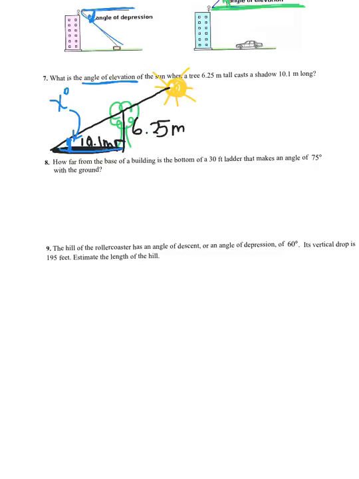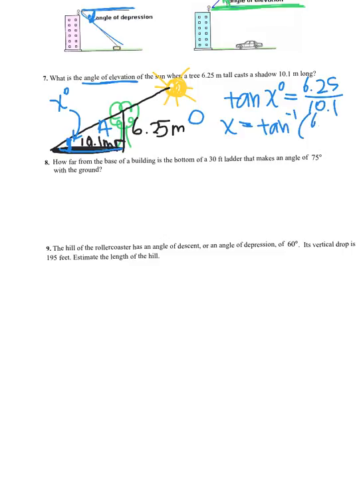From that angle's perspective, we have an opposite and an adjacent, so we are going to set up a tangent function: tangent x is 6.25 over 10.1. And since it's the angle that we don't know, we're going to be using inverse tangent. So x is equal to inverse tangent of that ratio. All right, plug it into your calculator, and we get an angle of 31.7 degrees.